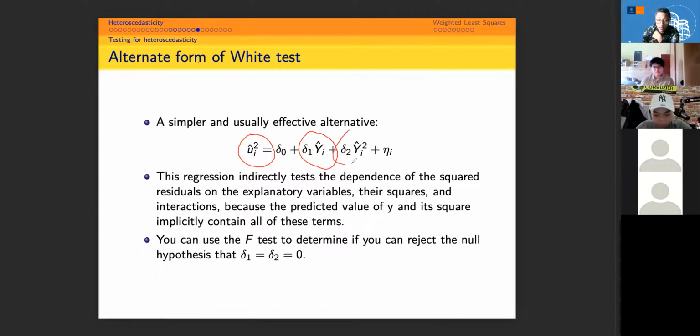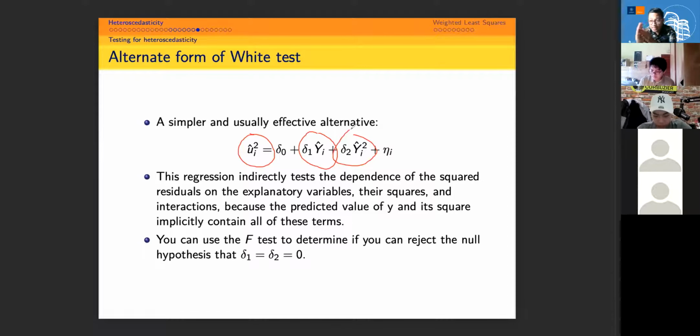Similarly, y squared is also a function of the squares of the explanatory variables. Okay, and so this particularly simple specification actually captures a general relationship between the squared residuals and the explanatory variables. Even though it's very simple, it's actually very rich.